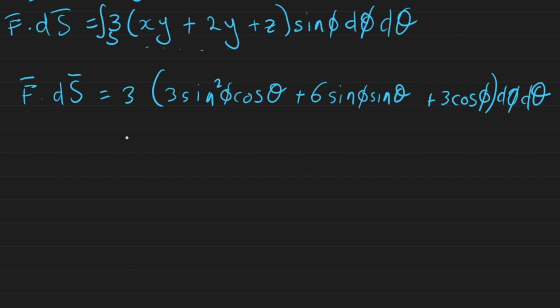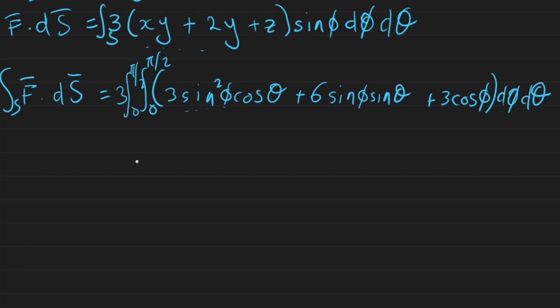So integrating this, it's fairly straightforward. All we have to do is integrate this, and then integrate from 0 to pi over 2, and also 0 to pi over 2. The only maybe difficult thing to do in this integral is to integrate sine squared phi. And that's not difficult either.